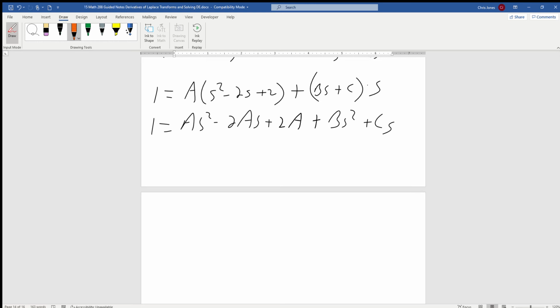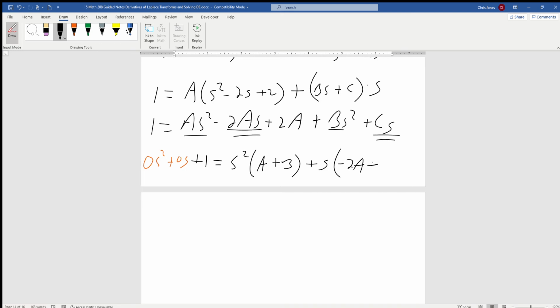And so we also are going to write the left-hand side as 0s squared plus 0s plus 1, just so that we have a placeholder, factoring out the s squared from A and B. And then also factoring out the s from negative 2As and Cs is going to leave us with a negative 2A plus C. And then we have that 2A that's kind of hanging out.